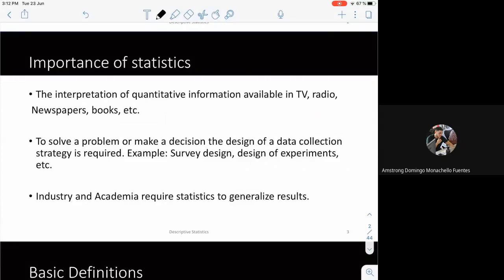But if that email has some words that are like red flags, let's say it says money, lottery, things like that, maybe that email is going to be classified as spam instead of a normal email. So these are examples of predictive models working in our daily lives.